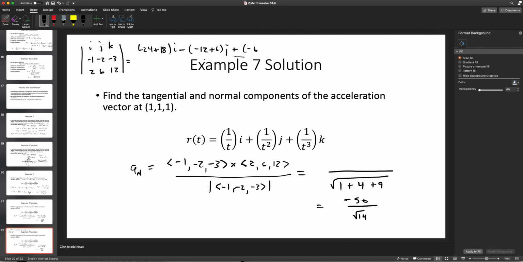So let's just minus -12 plus 6j plus -6 plus a -4, or minus -4, it's going to be just +4. Okay. So what do we got? We got -6i plus 6j minus 2k.